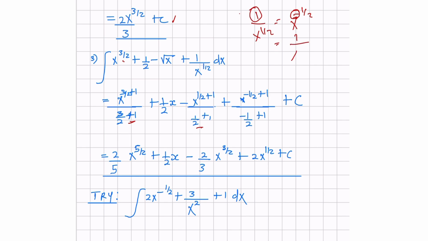So it's very important for us to be able to recognize that. Then if we get that one, we are going to ultimately get x to the power of minus half plus 1, right? Then you divide by the new power here, and you simplify, and you're going to get this as your final answer. Now that we have done these 3 examples, I want you guys to try and integrate this mathematical problem.